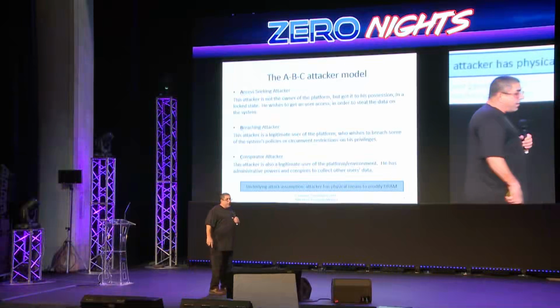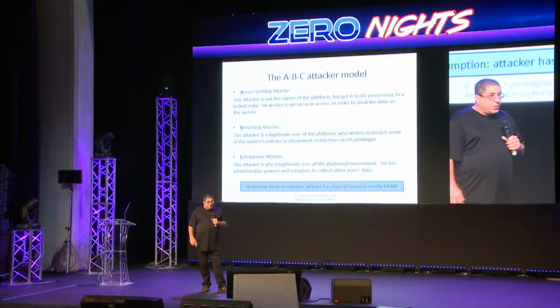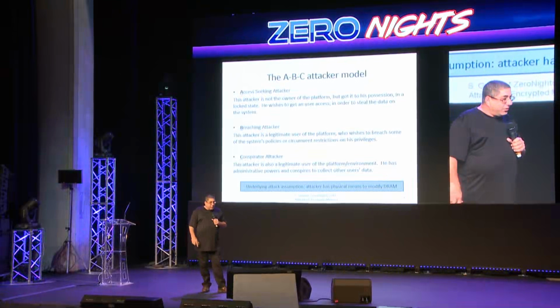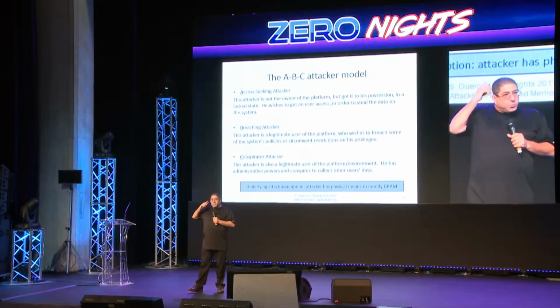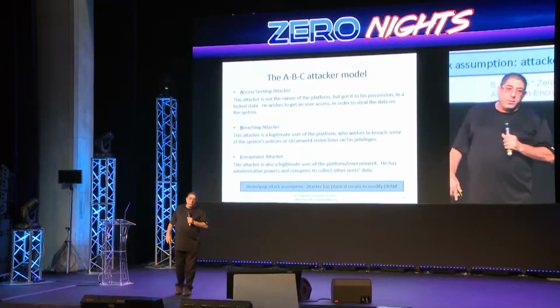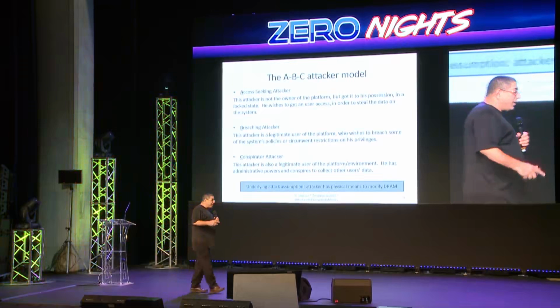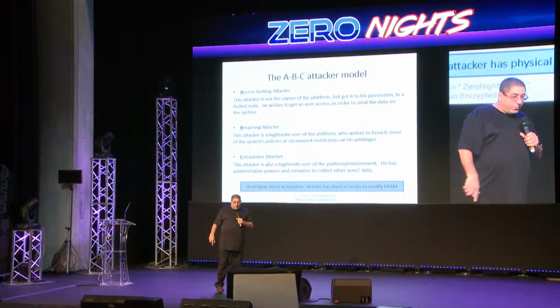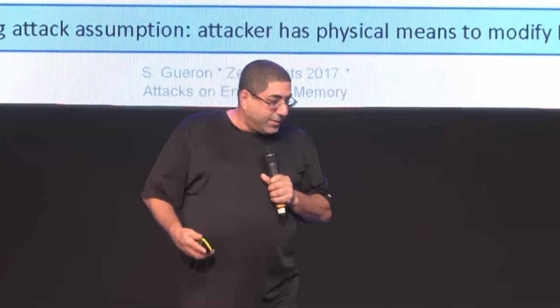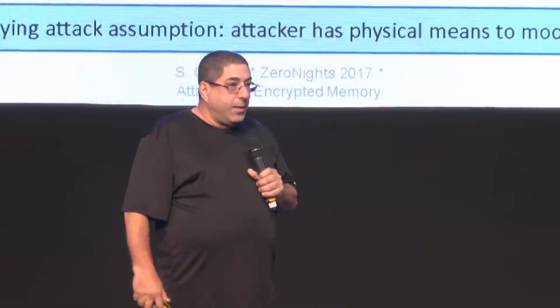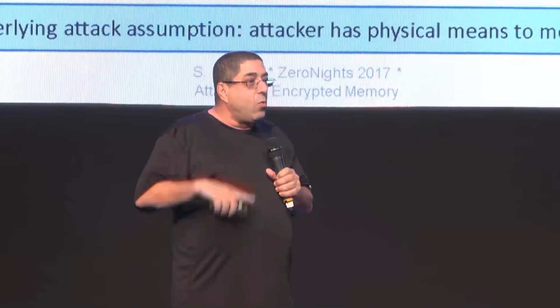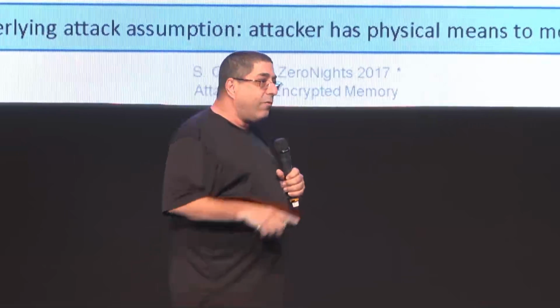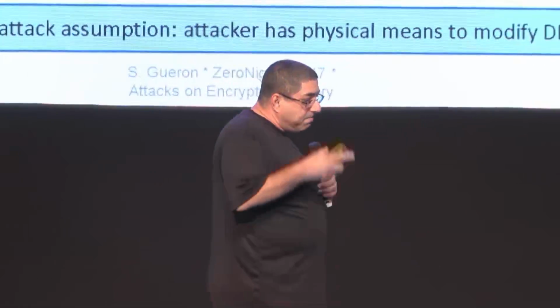The breaching one is stronger, and I will explain what the difference is. And the last one is the strongest attacker, the conspirator. This attacker is not only a legitimate user, he's also an administrator of some environment, and he wants to breach the privacy of host VMs.